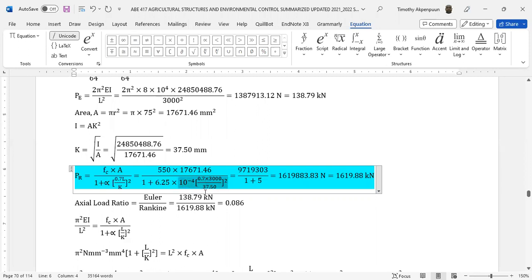So, is it correct? 0.7 times 3,000 divided by 37.50, squared, everything, times 6.25, divided by the denominator. I'm still calculating. Please do your calculation very well.